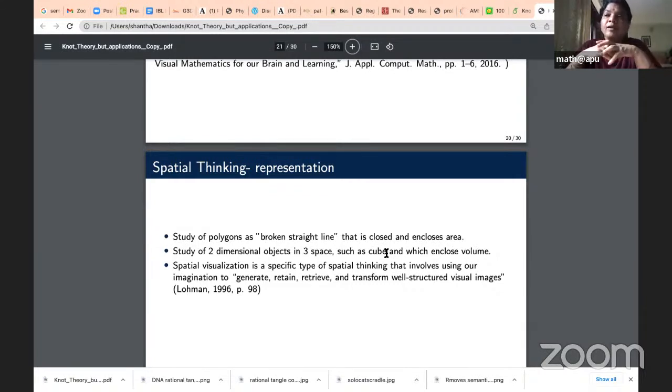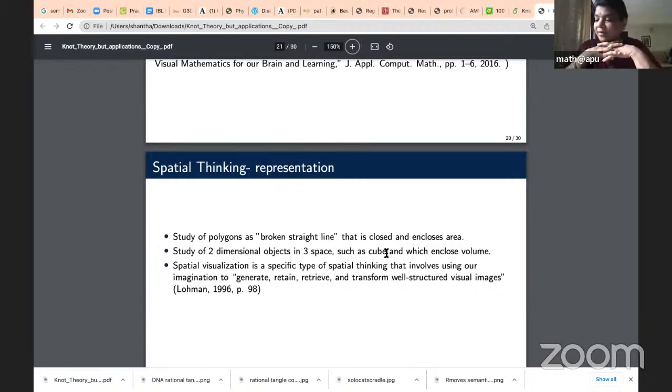However, I think one of the difficulties, and people like Janaki who have experience will be able to add, is the representation of 3-dimensional objects in 2 dimensions, which seems to be a big place where students struggle. So we don't have enough experiences for that. And therefore, the spatial visualization, that is using our imagination.